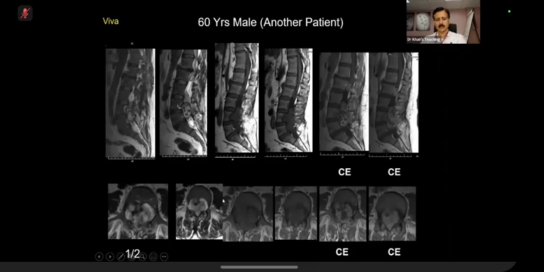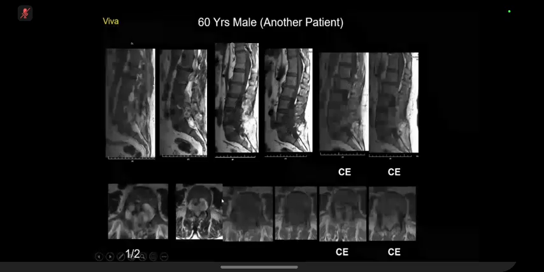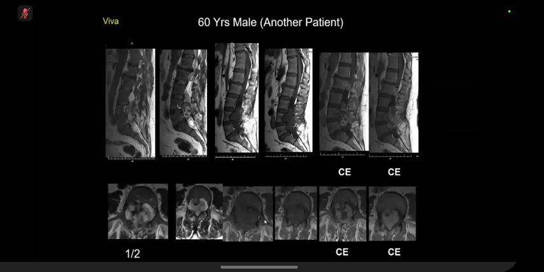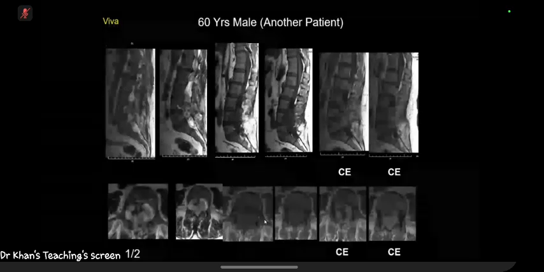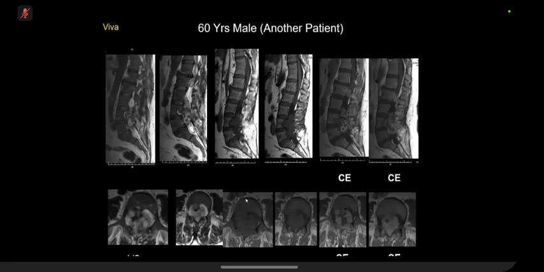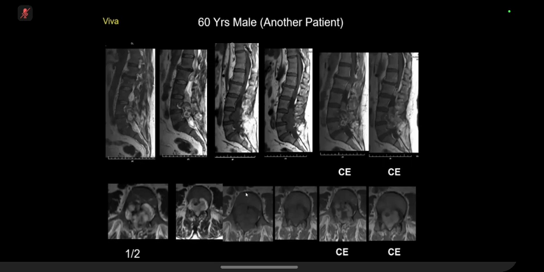Okay. So on the sagittal T2 weighted imaging, I can once again see posterior vertebral scalloping. There is a heterogeneous lesion within, which is demonstrating heterogeneous T2 signal. On T1, it is isointense to the intervertebral disc, and on post-contrast imaging, it demonstrates heterogeneous enhancement.